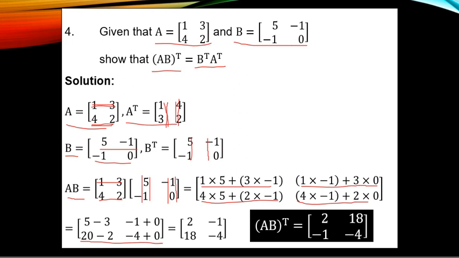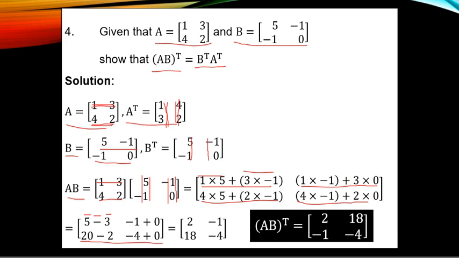That is 1 times 5 is 5, plus times minus there is minus, then you have 3 times 1 is 3. Same thing you do to the next entry in the first row. The second row, you have 4 times 5 is 20, plus then minus become minus 2 times 1 is 2.